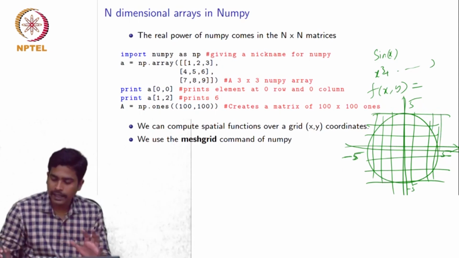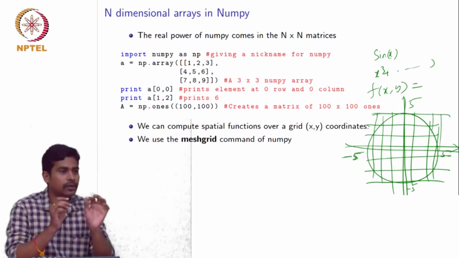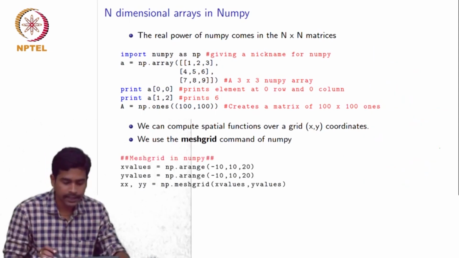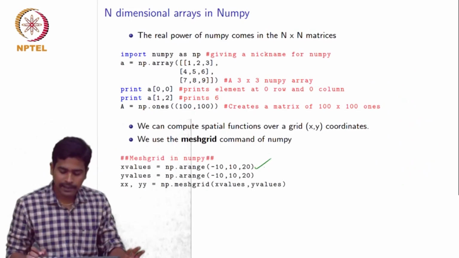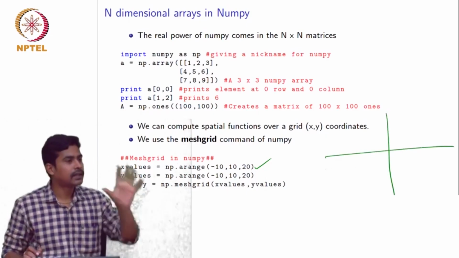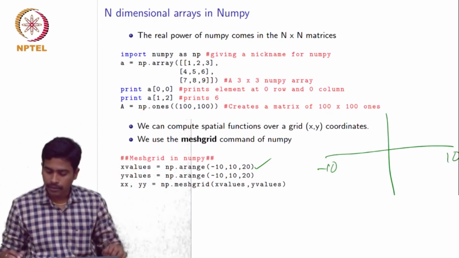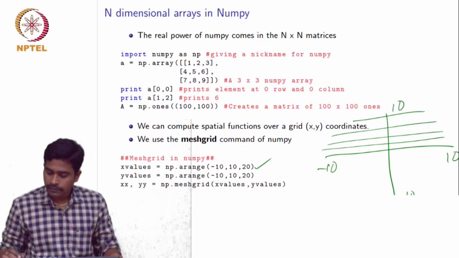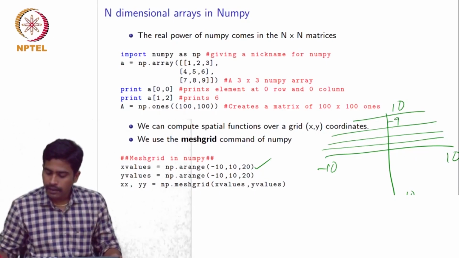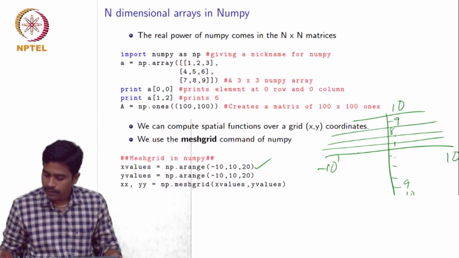Now if you want to calculate all the pairs of coordinates in this mesh grid, there is a command. In this particular example, I am sampling the coordinate system from minus 10 to 10 in x and minus 10 to 10 in y, taking one interval at a time: minus 10, minus 9, minus 8, and so on.